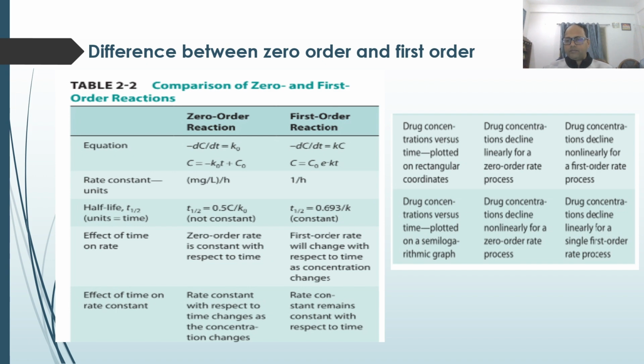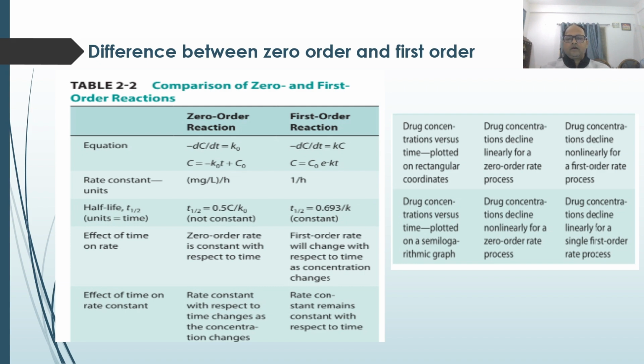For the zero order rate process, the concentration declines linearly, whereas for the first order rate process the concentration declines non-linearly. Again, plotting concentration versus time on a semi-logarithmic graph, the concentration declines non-linearly for a zero order rate process, and declines linearly for a first order process. So these are the basic differences between zero order and first order kinetics.